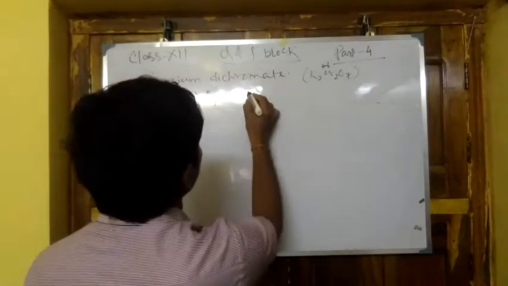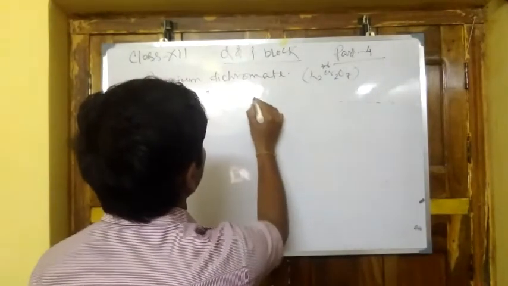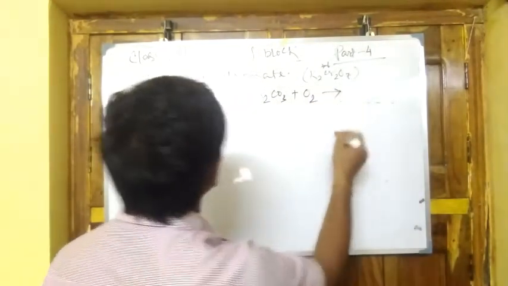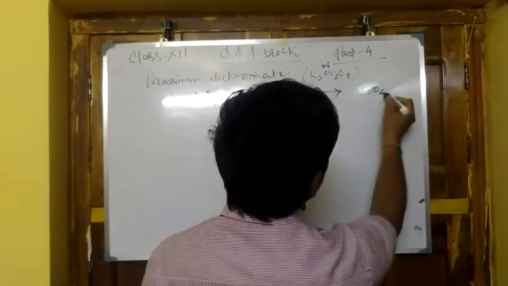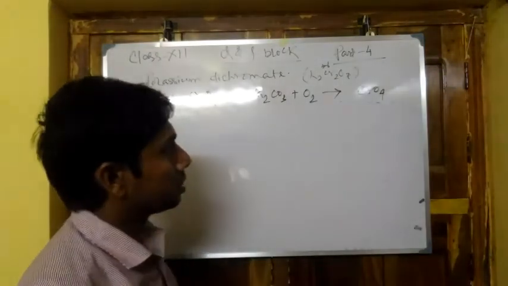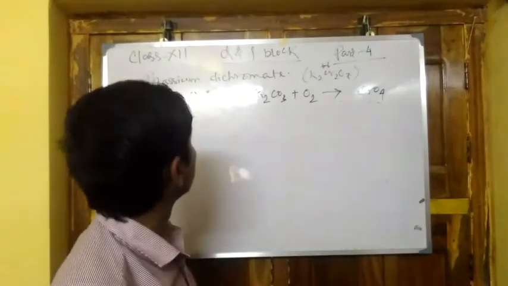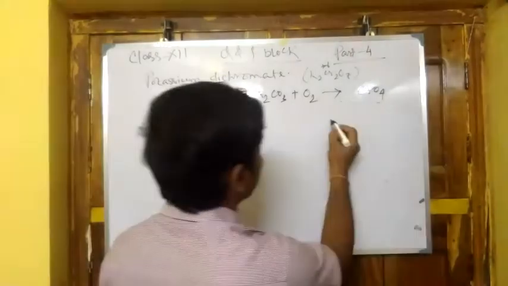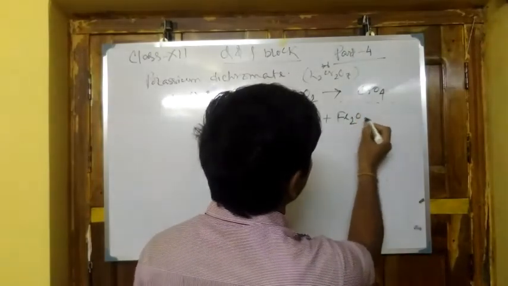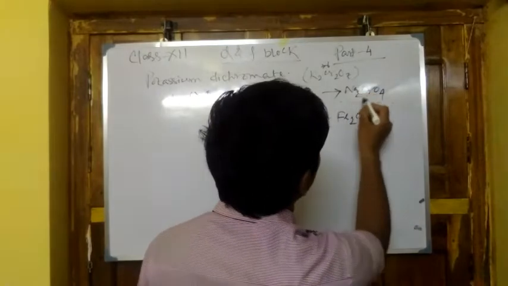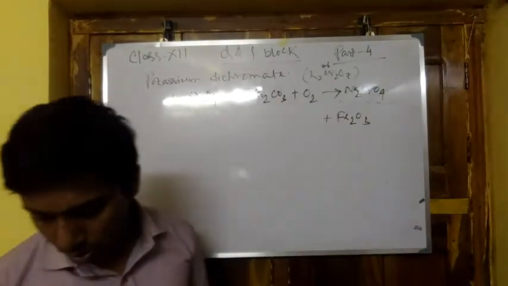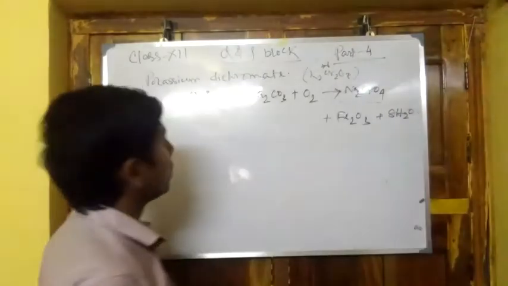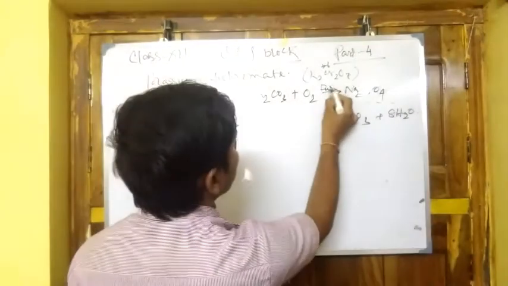Iron chromite ore is taken. It is fused with Na2CO3 plus oxygen to produce sodium chromate, Na2CrO4 (CrO4 2 minus), and Fe2O3, and also CO2. So the first step is the fusion with Na2CO3.